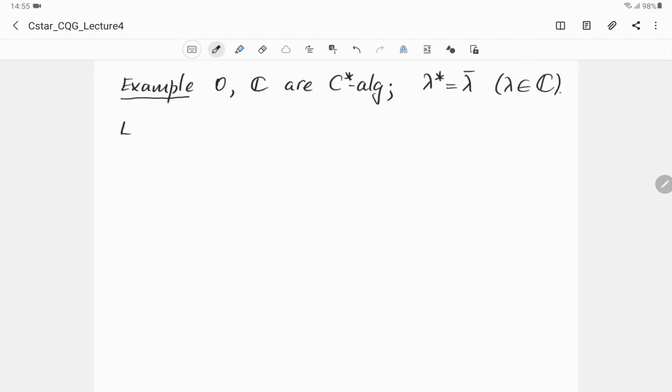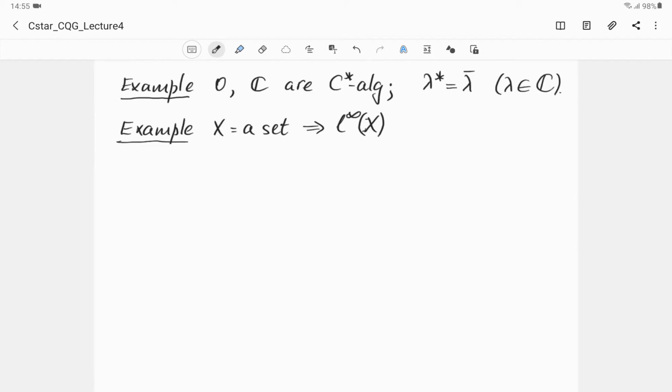Okay, now let's look at a more interesting example. Suppose that X is any set. Then the algebra little L infinity of X of bounded functions on X, we know that it's a Banach algebra with respect to the supremum norm.